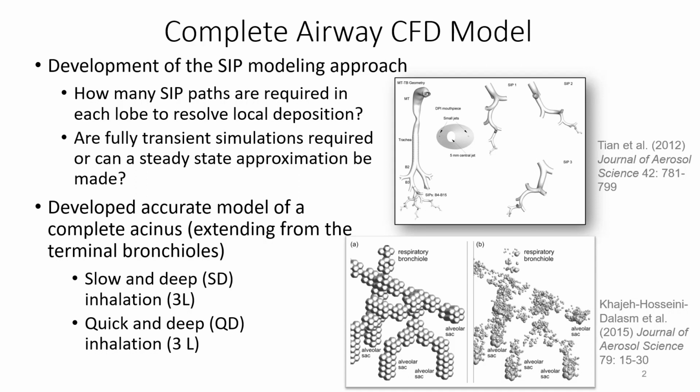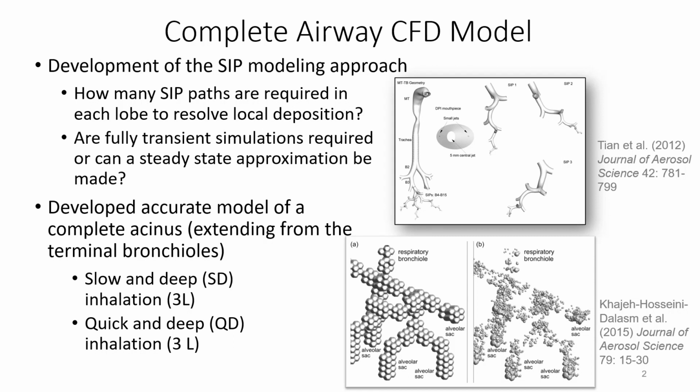This approach is reported to reduce the required time to simulate the entire TB region by a factor of 10 to the power 5, with only an estimated minor loss in accuracy, as reported in this paper. Previous studies have focused on finding the required number of SIP paths to resolve deposition and whether a fully transient simulation is needed.